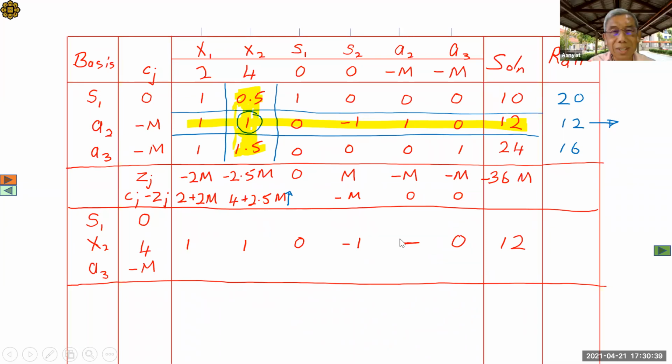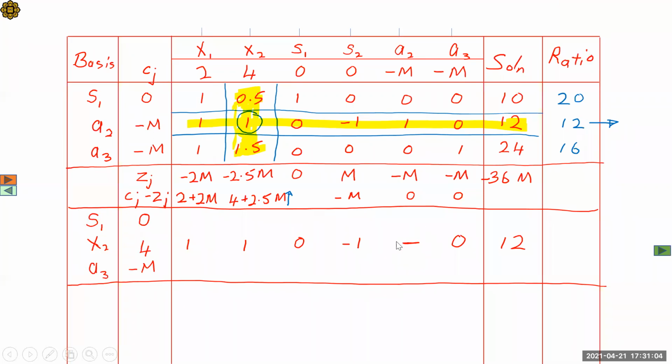As I just explained, A2 already left. A2 leaves the basis here. So once A2 leaves, you don't have to consider it anymore when you work further downward.